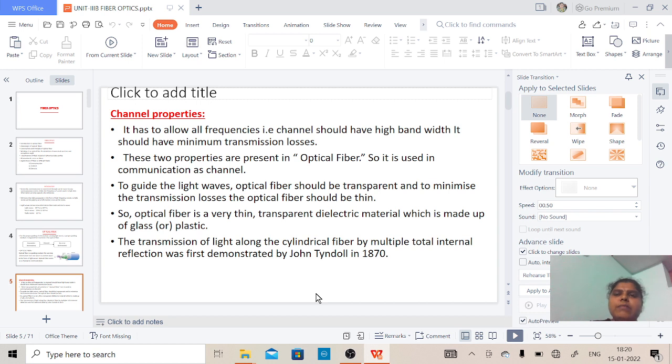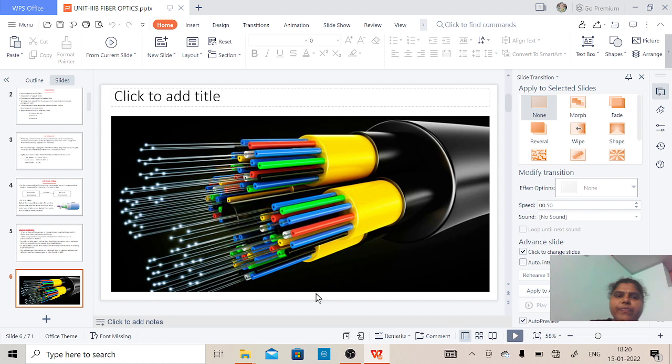So optical fiber is a very thin, transparent dielectric material made of glass, plastic or silica. Transmission of light along a cylindrical fiber by multiple total internal reflection was first demonstrated by John Tyndall in 1870. Let us see how the fibers look.